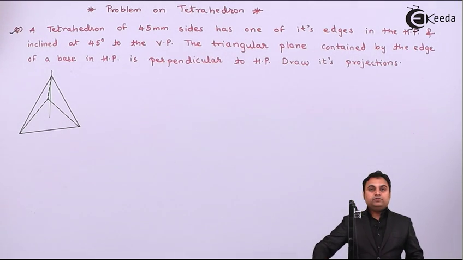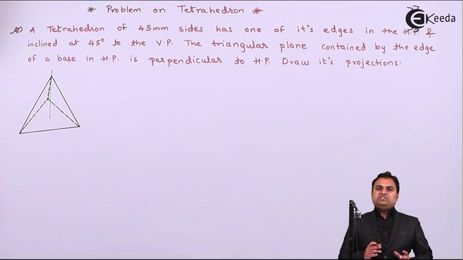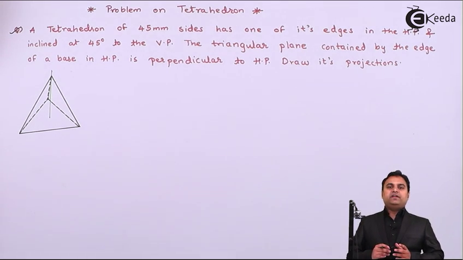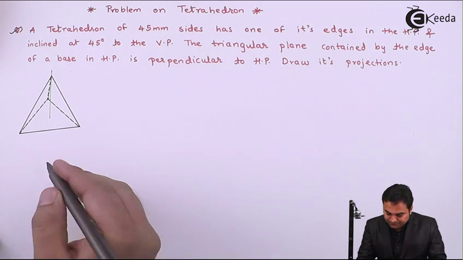Now tetrahedron is a solid in which all three faces are in the form of an equilateral triangle and even the base is in the form of an equilateral triangle.